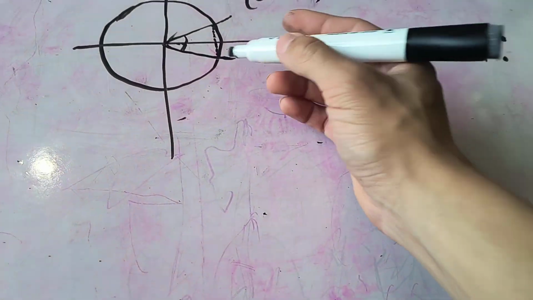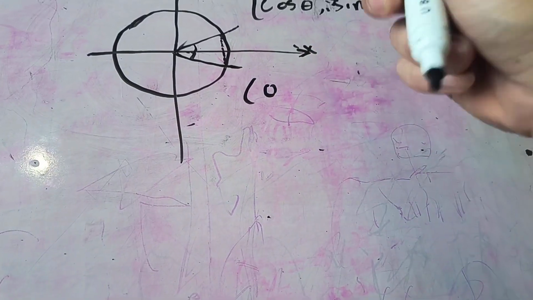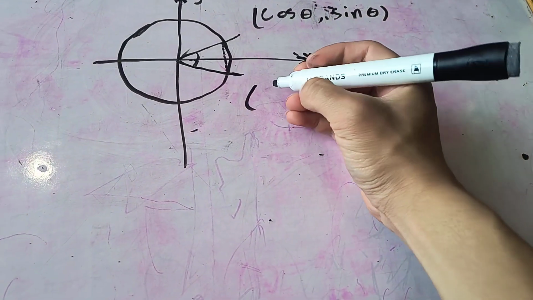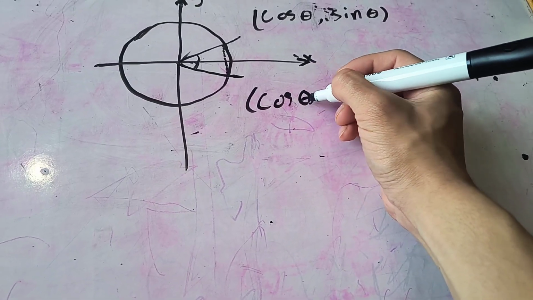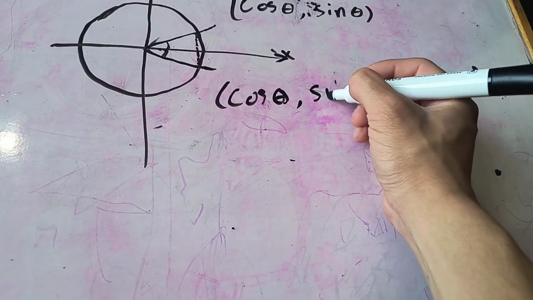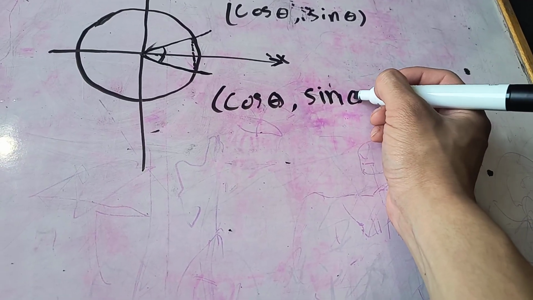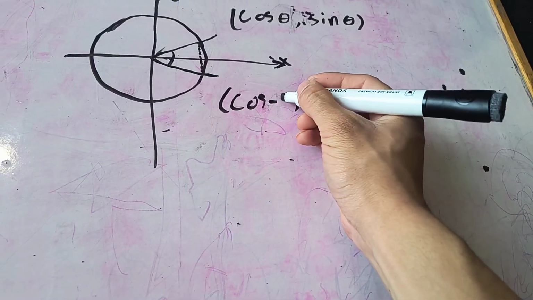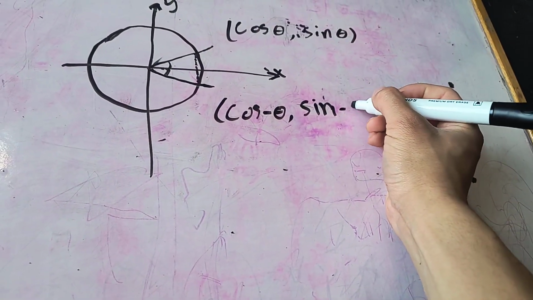Which means that this right here is going to be cosine negative theta, and sine negative theta.